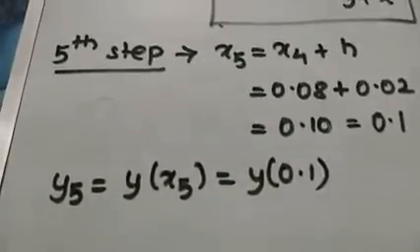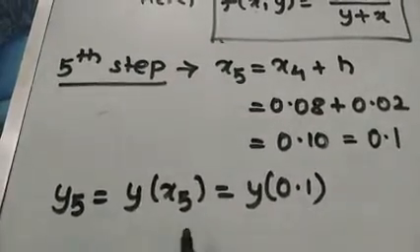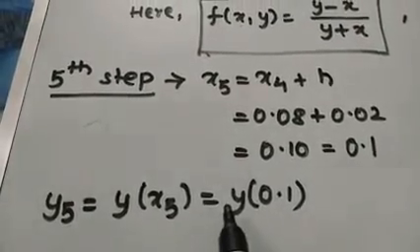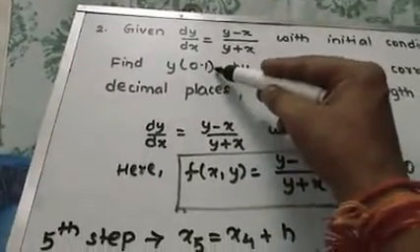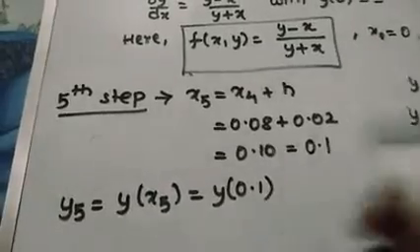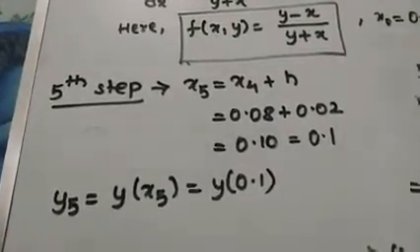So finally y5 equals y of x5, and x5 is 0.1. So in this step we are going to find y of 0.1, which is what is required. So this is the last step.